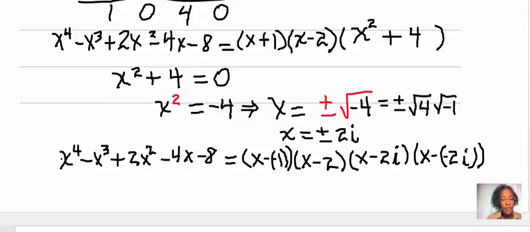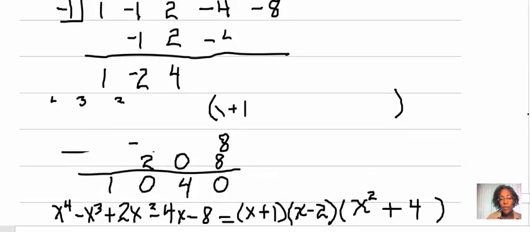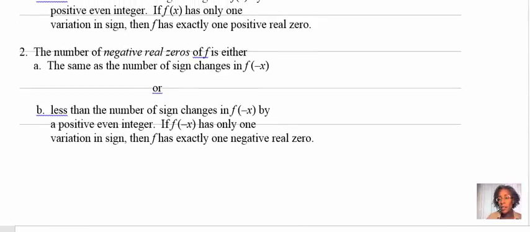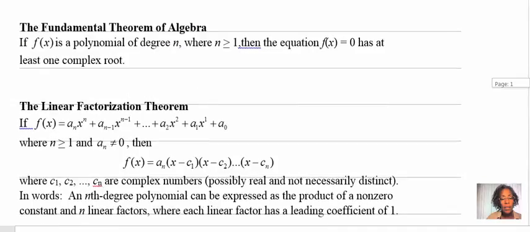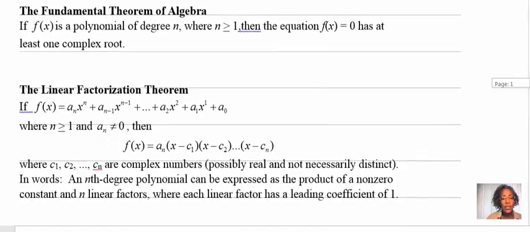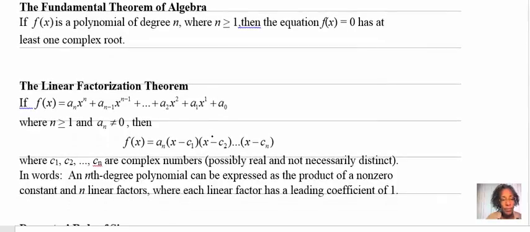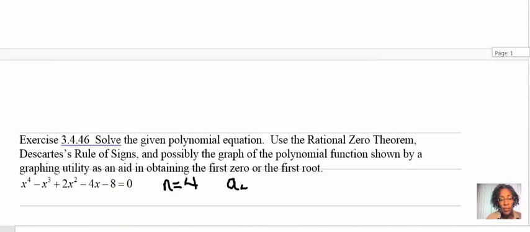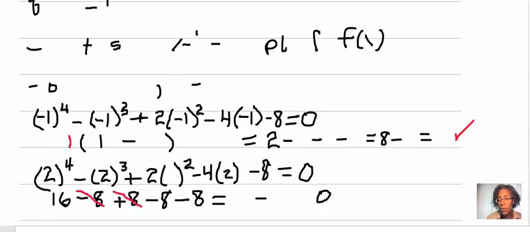And remember, our leading coefficient of this polynomial is 1. So if we go to the theorem that we covered in the beginning, the linear factorization theorem, we actually see that we are fulfilling this theorem for that polynomial.